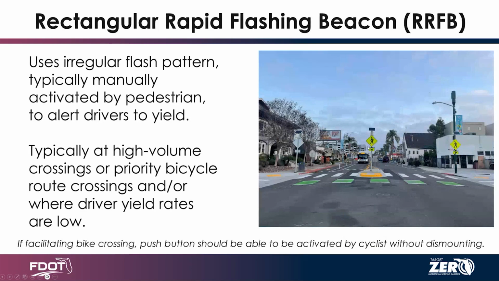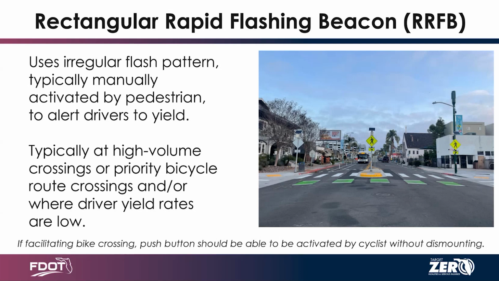And so RRFBs, now we're talking at intersection or mid block, where the line can begin to blend, but this is to improve driver visibility of the crosswalk and pedestrians within the crosswalk. There is guidance within the TEM and FDM on the applicability of RRFBs. Typically, at a high level, you would want to do it at priority bicycle and crossing routes, or where driver yield rates are low, to improve those yield rates.